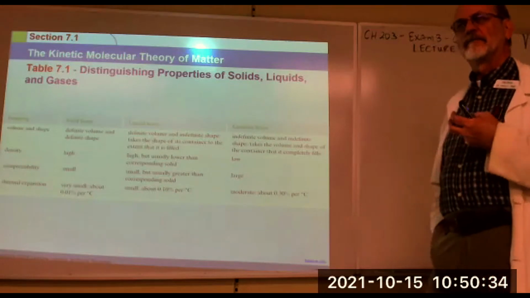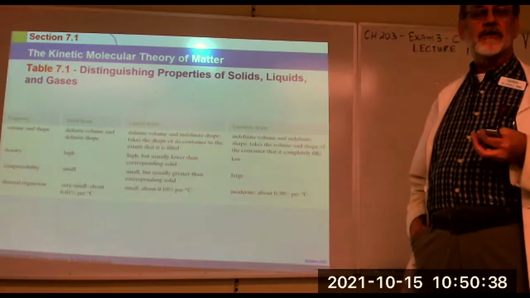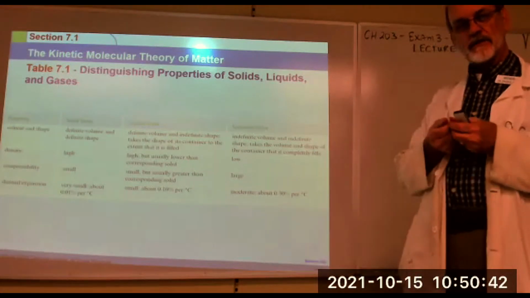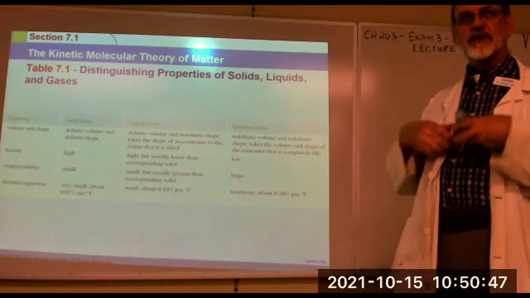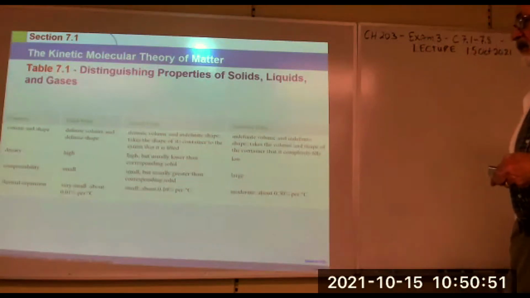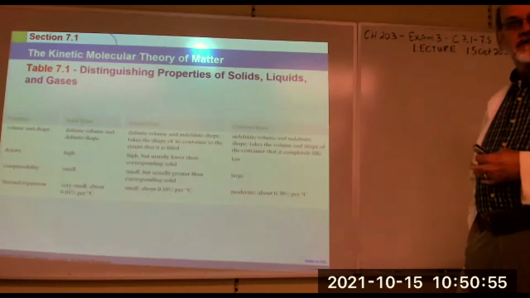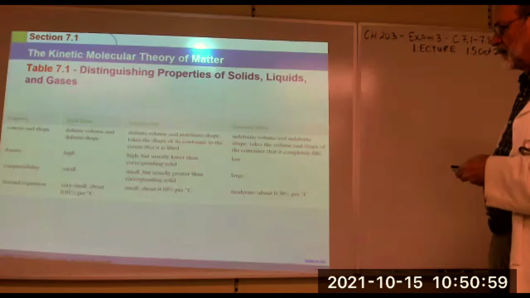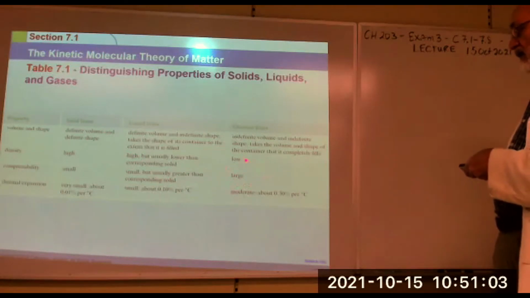There's talk of certain stars in the universe, like neutron stars, where they're so dense, 1 tablespoon of a neutron star would be several tons. So compressibility is possible for solids, but for our purposes, you can consider solids incompressible. Same for liquids. But gases have a very large compressibility.